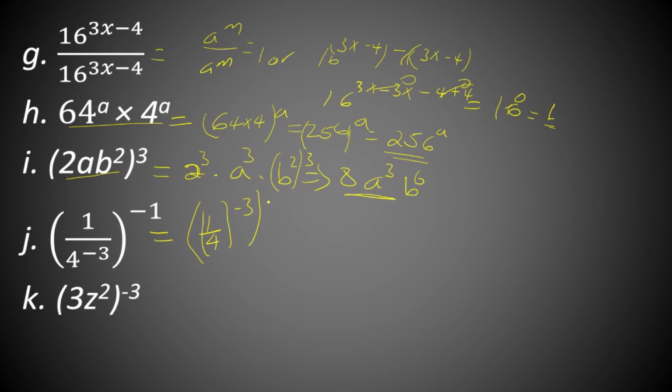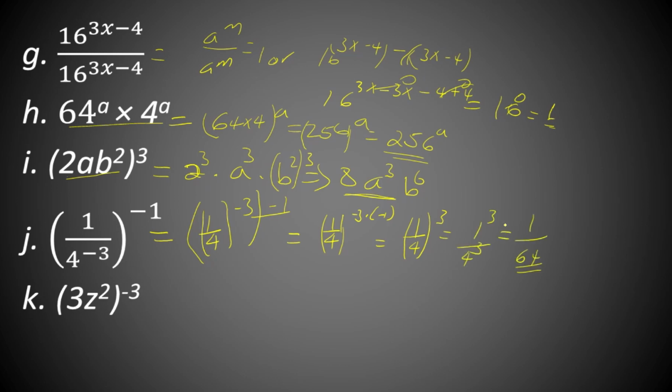First we can multiply the 2 exponents. This means 1 over 4 to the power of minus 3 times minus 1. Minus times minus 1 is positive, so it becomes 1 over 4 to the power of 3. This means 1 cubed over 4 cubed. 1 cubed is 1 itself, and 4 cubed is 64. The final answer is 1 over 64.